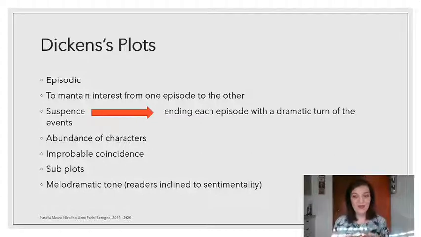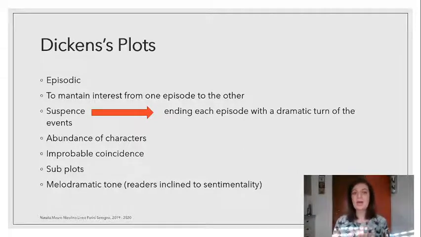So at the end of each installment, he put an event which turned the whole story dramatically. And so he created suspense. The people were willing to know what would happen in the following chapter, in the following episode.